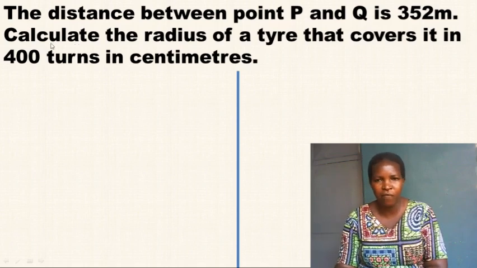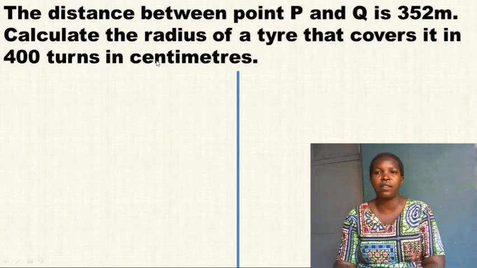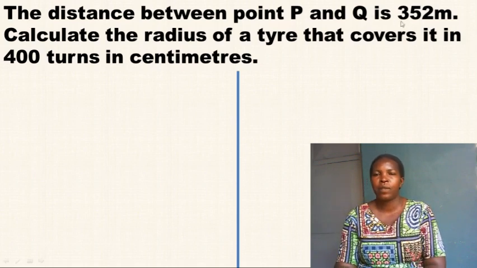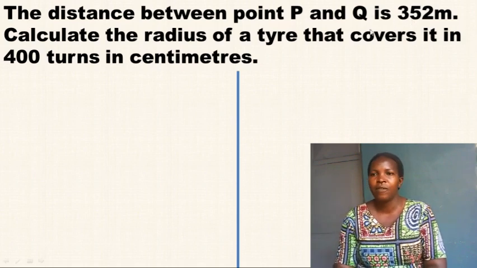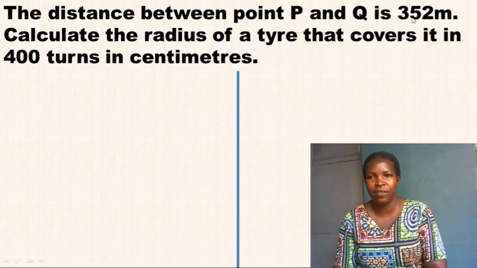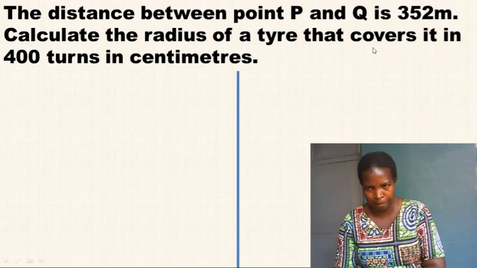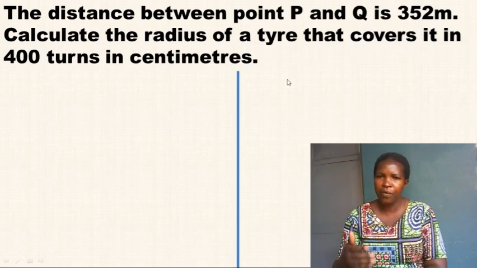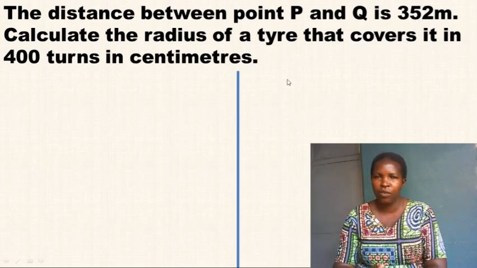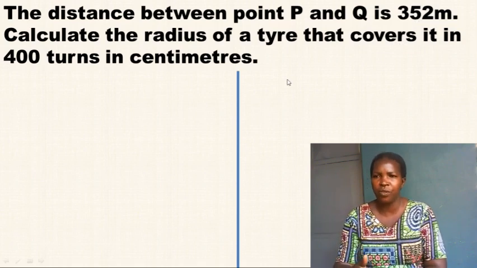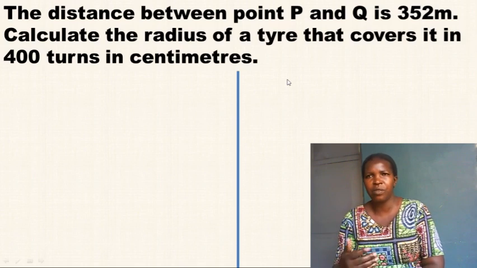So what are we meant to do? Remember, they wanted the final answer for the radius to be in centimeters, and our distance was given in meters. So what we need to do here, my dear boys and girls, is to convert the meters into centimeters. If you can recall so well, you looked at this work in primary 4, changing units from meters to centimeters.